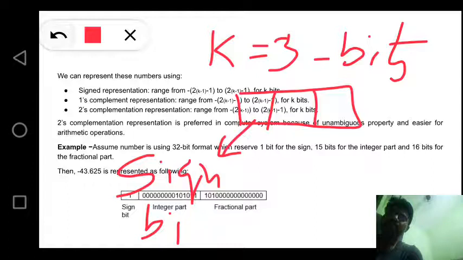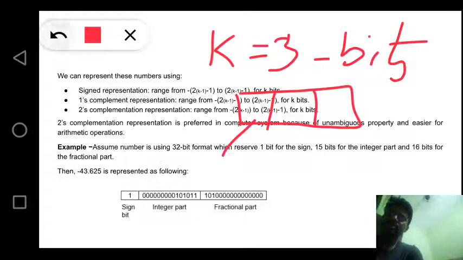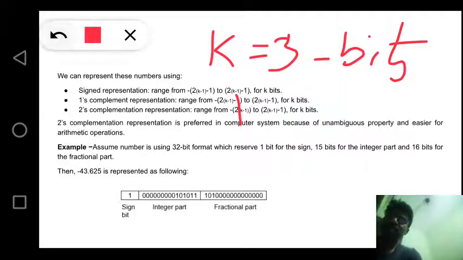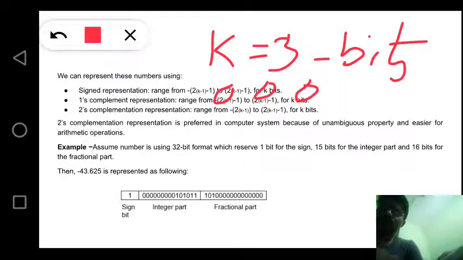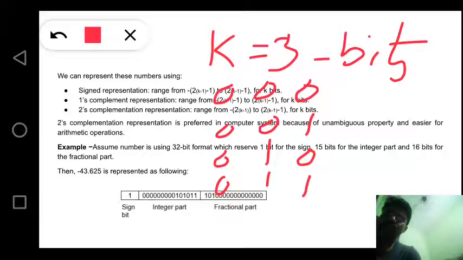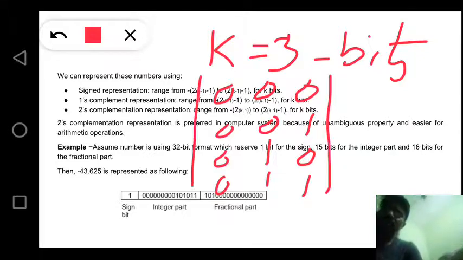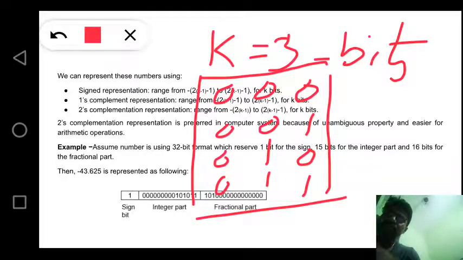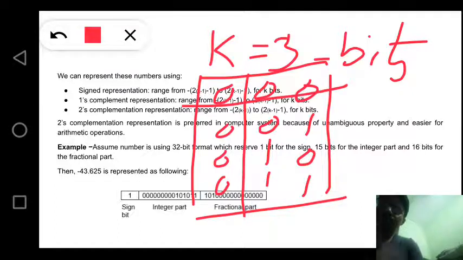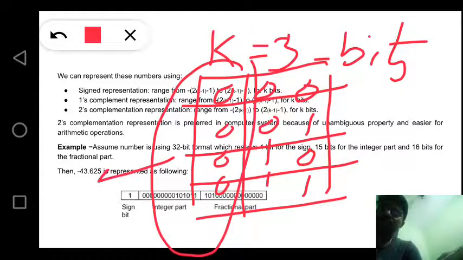So let's take the same 3 bits: 0 0 0, 0 0 1, 0 1 0, 0 1 1. As I said, in this representation, this is called the sign bit.